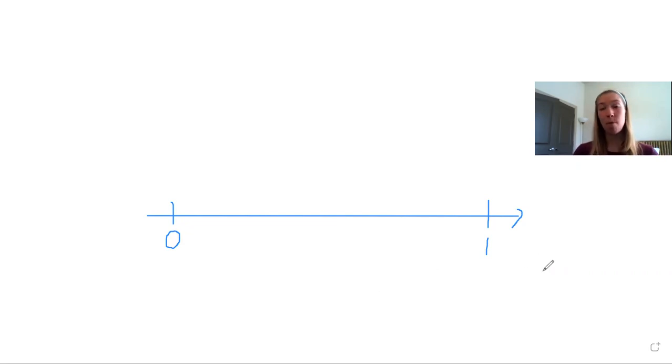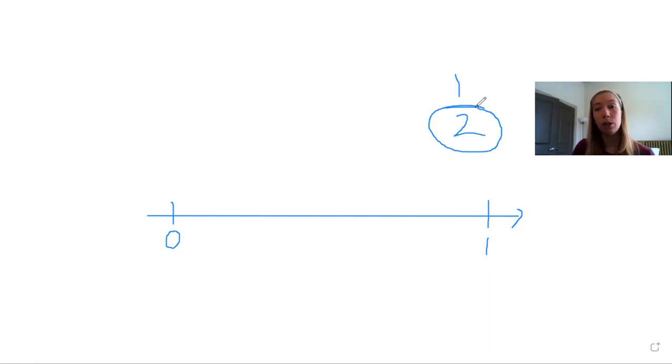What numbers come in between 0 and 1? And so if I want to represent, let's say, 1/2 on a number line, I would have to look between 0 and 1. And I'm going to look at my denominator to know how many sections to section off this number line in between the whole numbers.